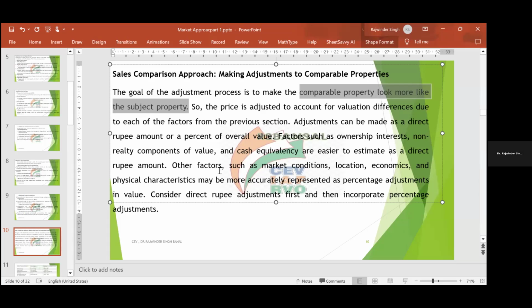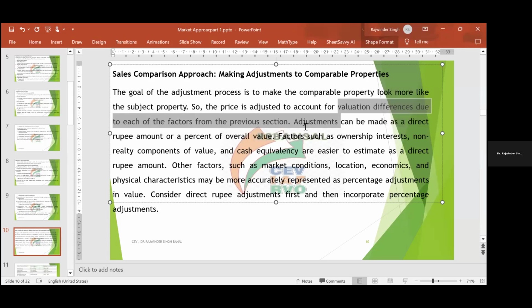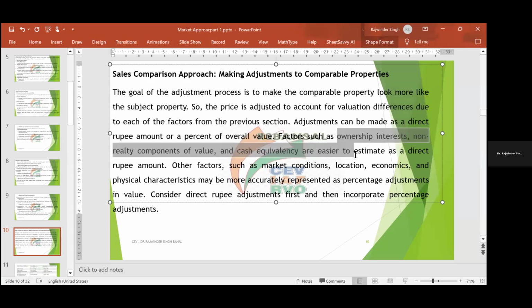So the price is adjusted to account for valuation differences due to each of the factors from the previous section. Adjustment can be made as a direct rupee amount or a percentage of overall value. Factors. So what factors can you consider, such as ownership interest, non-realty components of value, and cash equivalency.